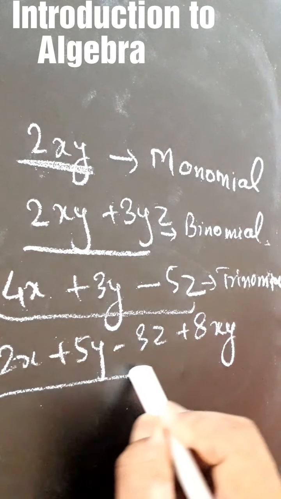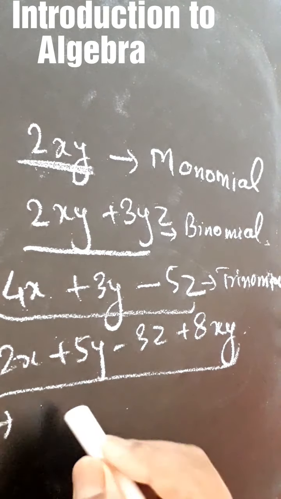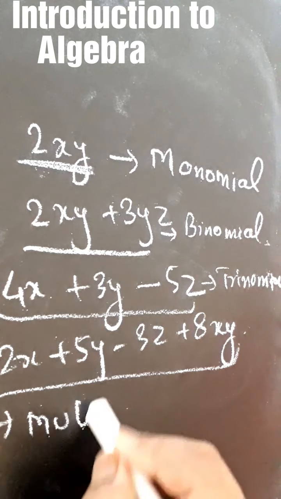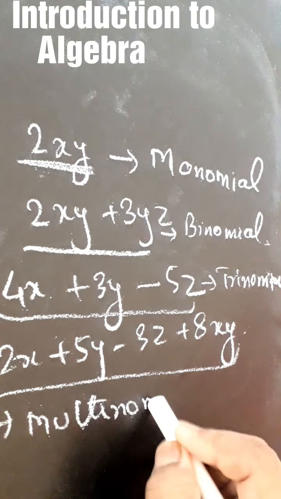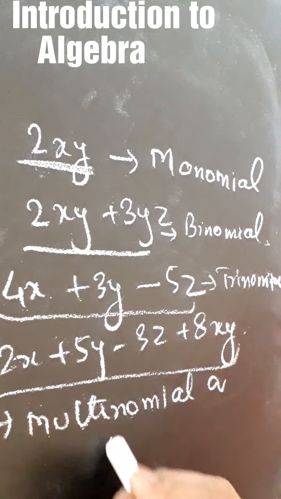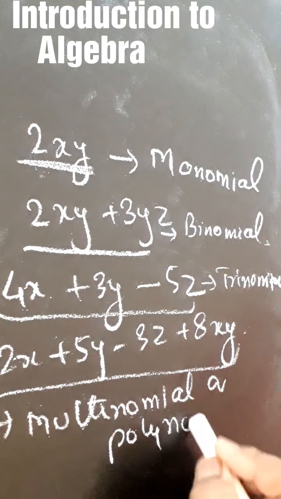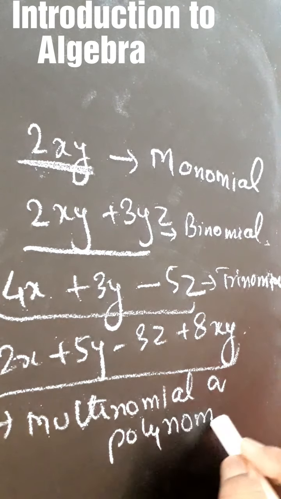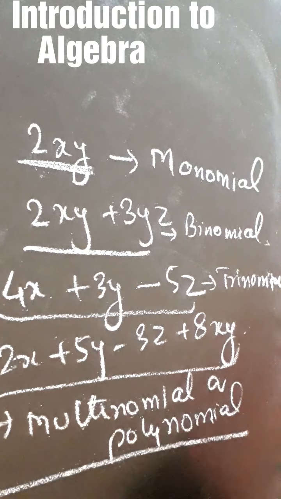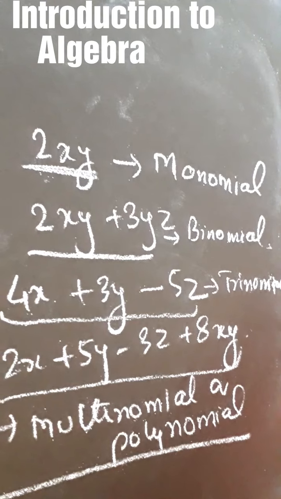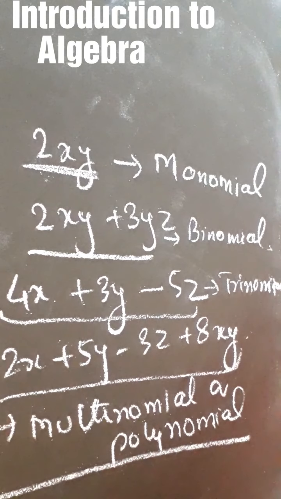Suppose it contains 4 or more than 4 terms, we can write it as multinomial or simply polynomial. In this way, we can write whether the given expression is monomial, binomial, trinomial or multinomial or polynomial.